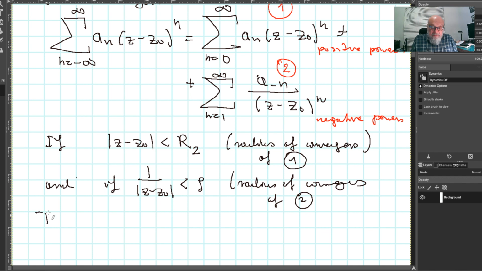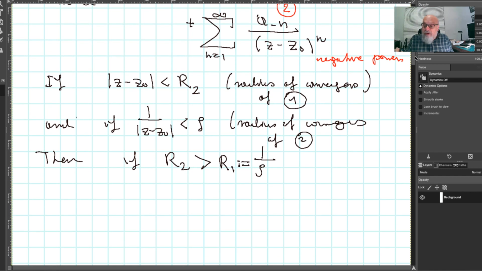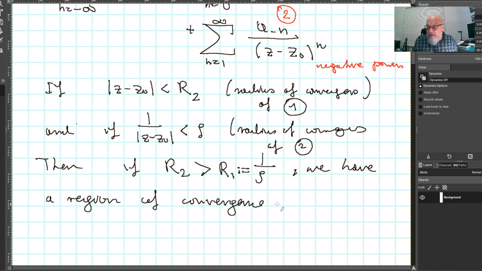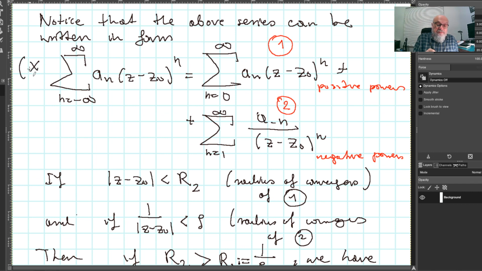Then, if R2 is strictly larger than R1, which is 1 over rho, that means we have a region of convergence for this series. Call it star, the Laurent series star.